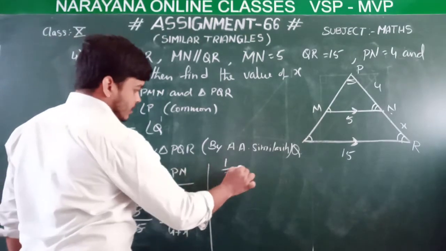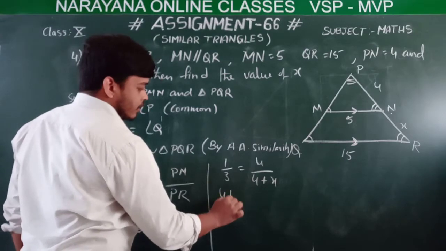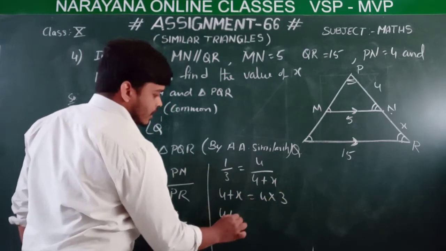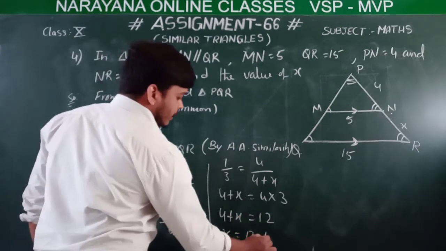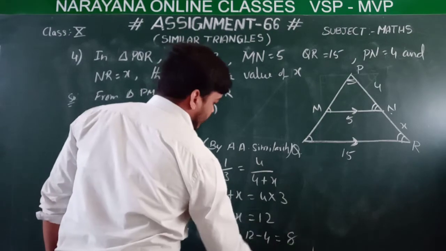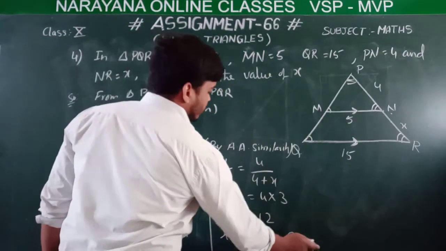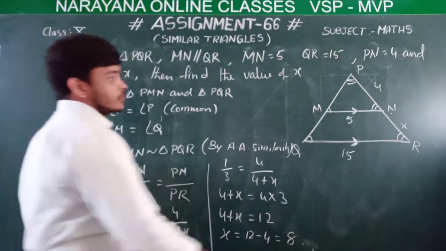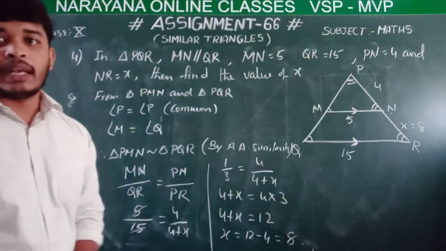So 1 by 3 is equal to 4 by 4 plus x. Do cross multiplication. 4 plus x is equal to 4 into 3. So 4 plus x is equal to 12 and x is equal to 12 minus 4. How much? 8. There are no units, right? So x is equal to 8.